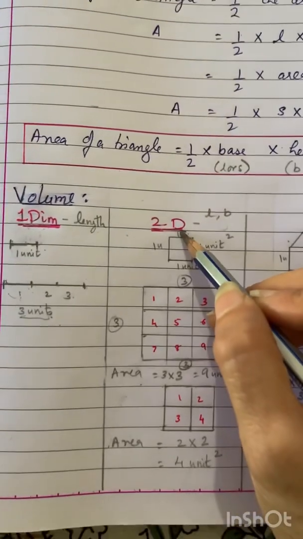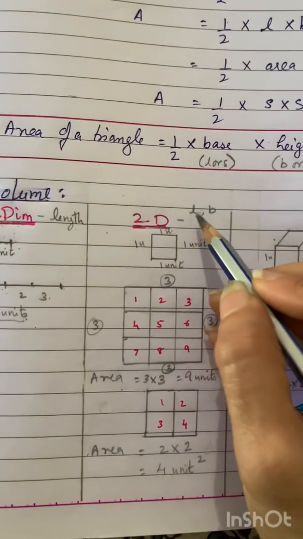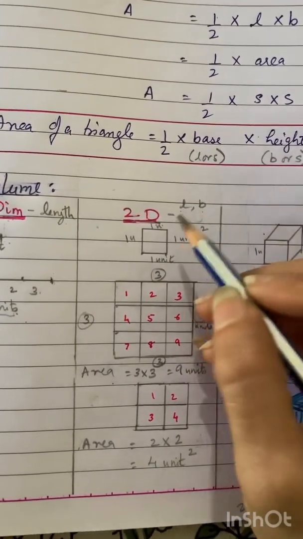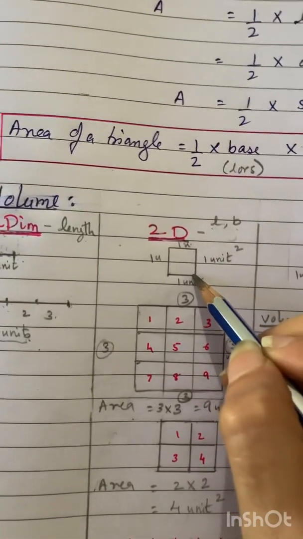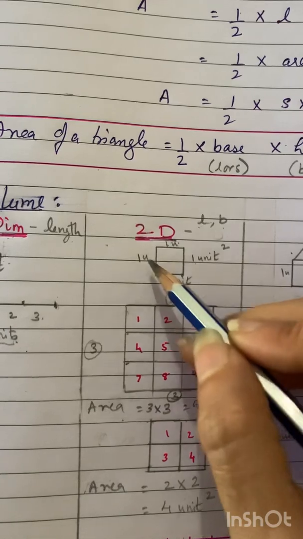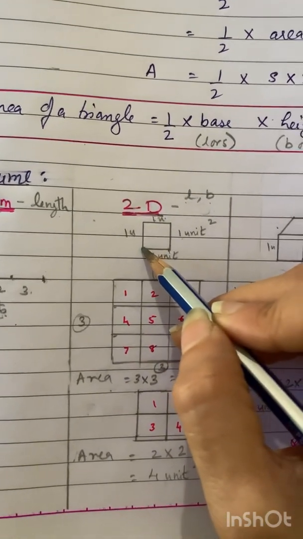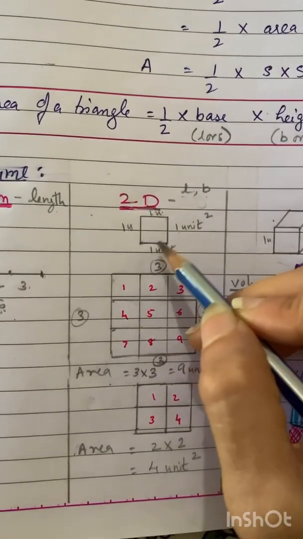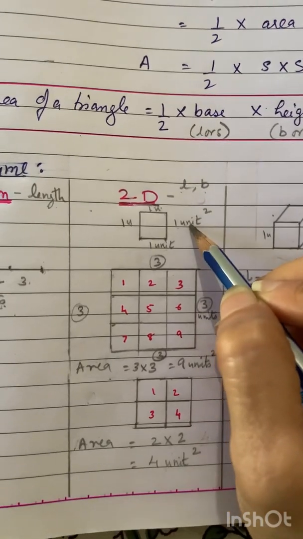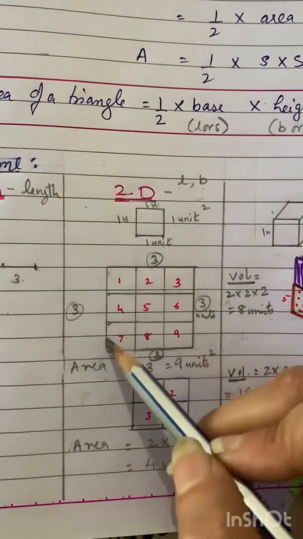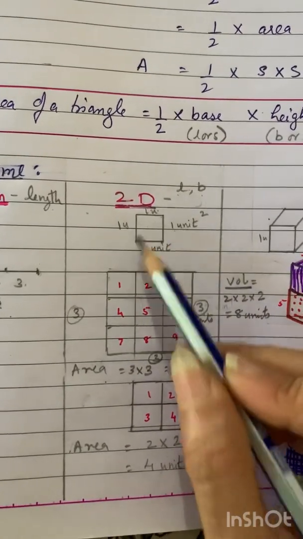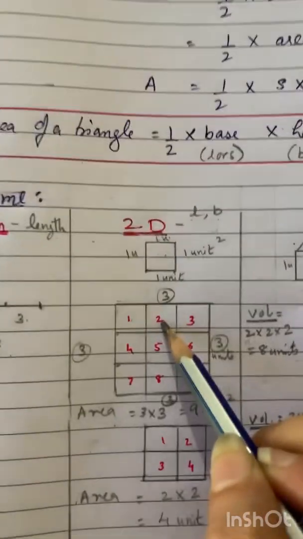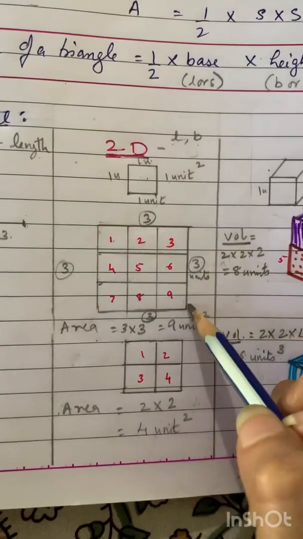In 2D objects, or two-dimensional objects, we consider length and breadth. Now, if I draw a square like this with 1 unit sides, its length and its breadth are both 1 unit. So if I draw this figure, how many of these units will fit in this square?